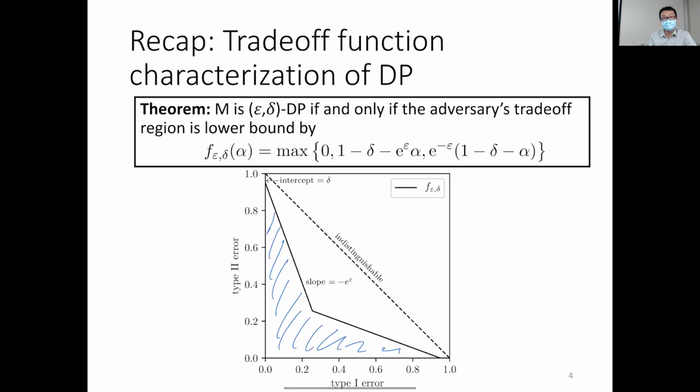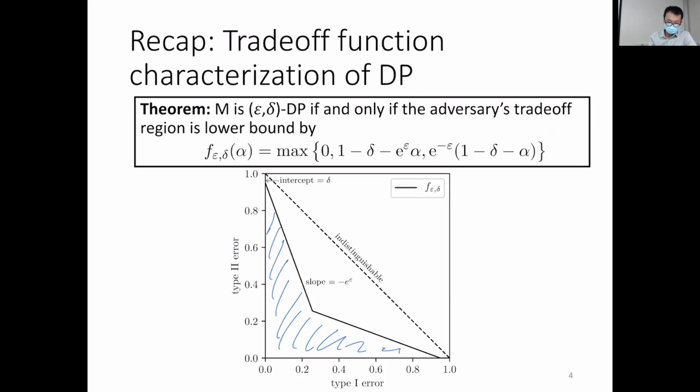This provides an intuitive explanation of how differential privacy prevents the adversary from successfully identifying individuals. Anything above this line is possible for any epsilon-delta DP mechanism.